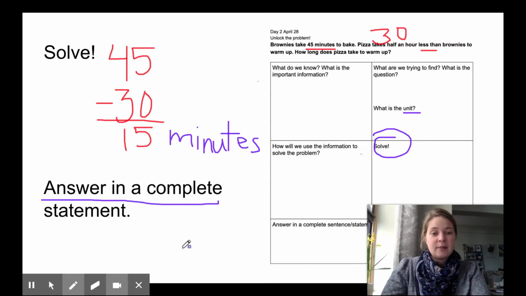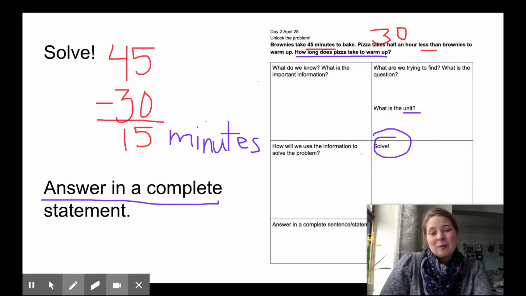Remember, a complete statement is a whole sentence. My answer is 15 minutes, but 15 minutes isn't a whole sentence. Instead, we're going to answer the question, how long does a pizza take to warm up? And my sentence would be, a pizza takes 15 minutes to warm up.